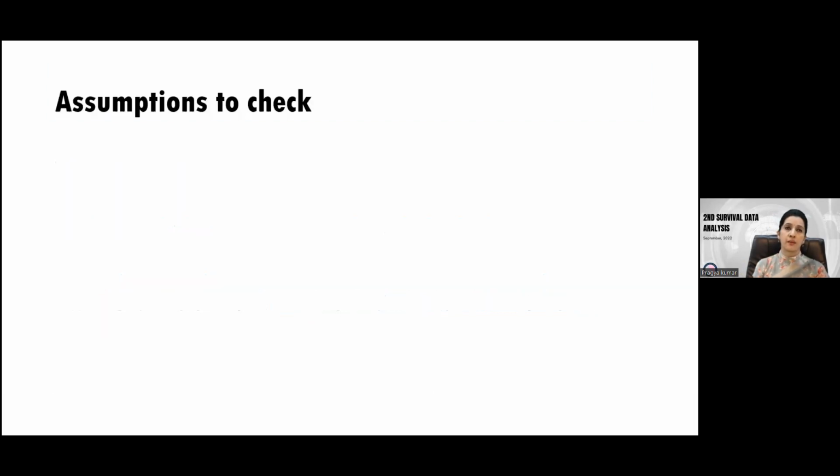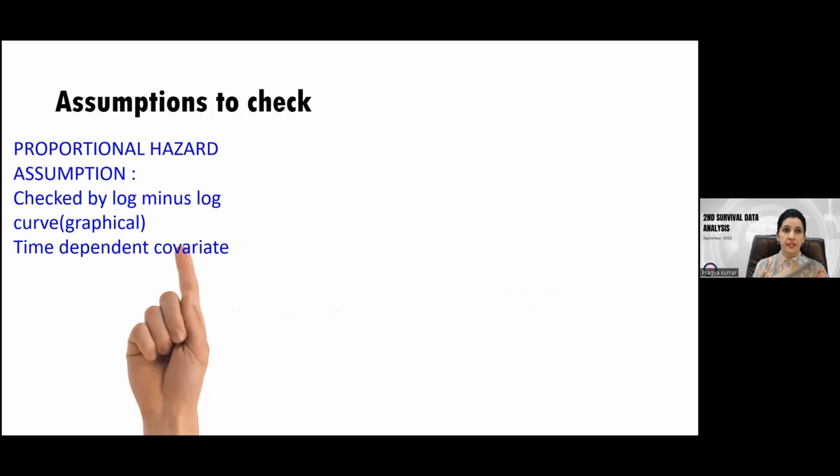Now there are a few assumptions which we need to check before we apply the Cox proportional hazard model. The first is the proportional hazard assumption, which we check by the log minus log curve, and second by the time dependent covariate. We'll see what these two are.